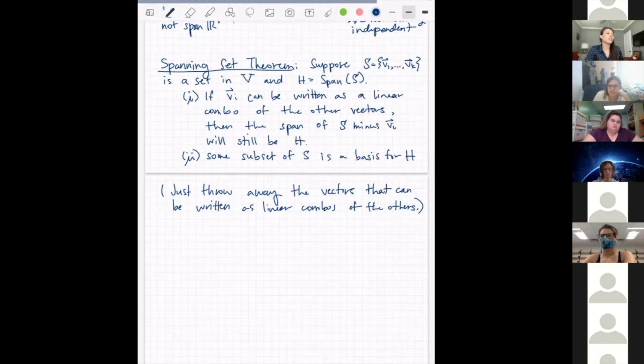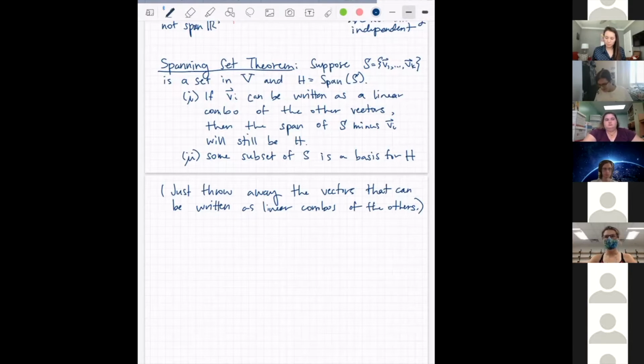Sometimes when we're doing a proof, moving along your set of vectors in a particular way means that you can keep track of what you're doing.